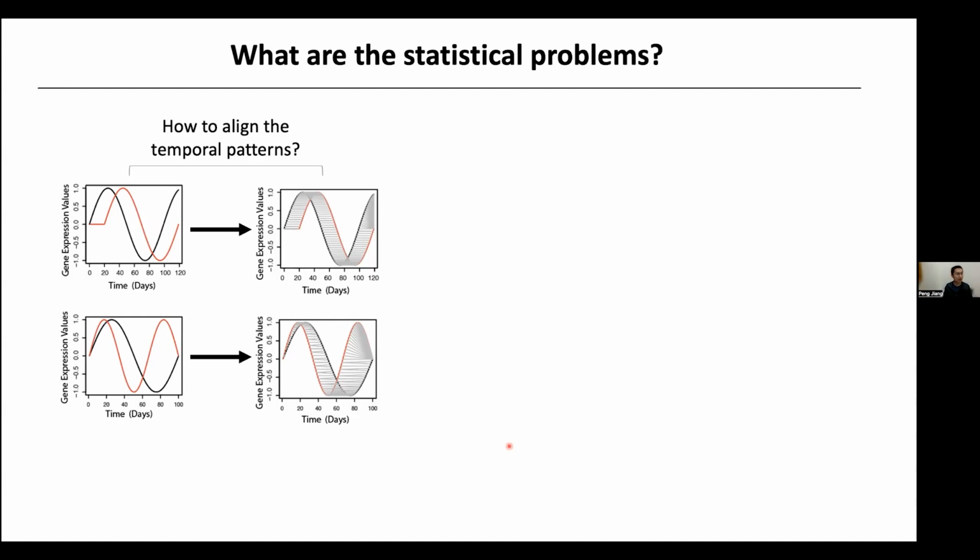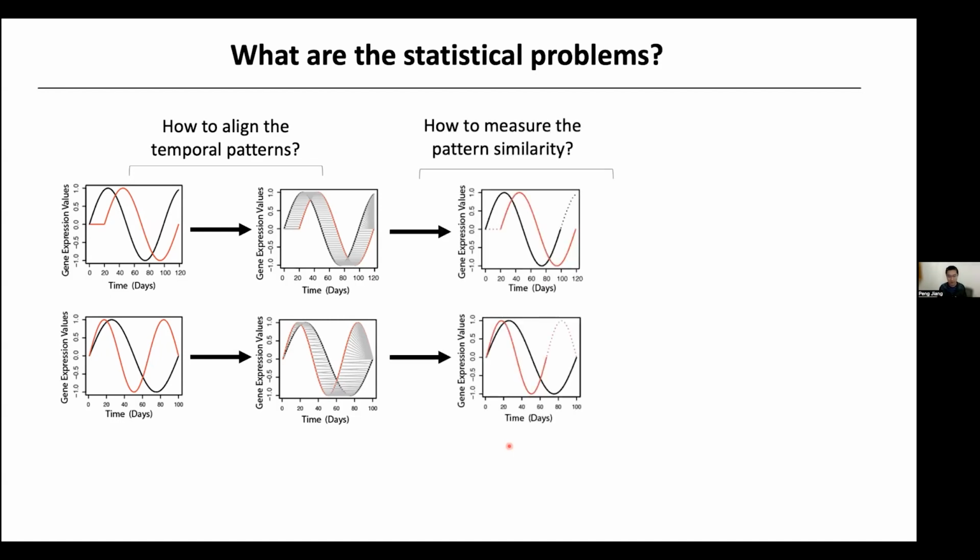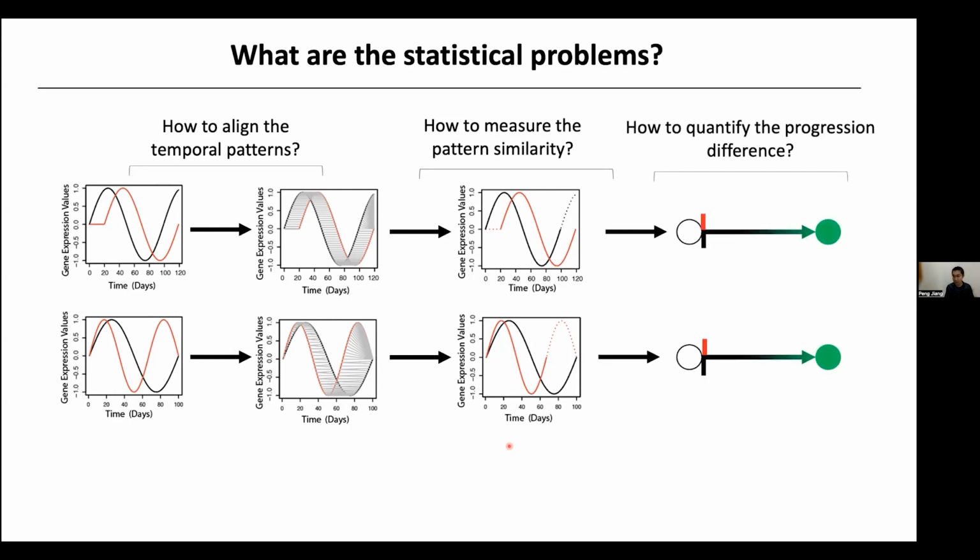In the human, let's say, day 5 is equivalent to mouse day X or day Y. So how can we align the temporal patterns based on a statistical framework? The second question is how to measure the pattern similarity after we align them. The pattern is complicated, and when you have different progressions, it will be very messy. How can we trim and cut to quantify the similarity of two patterns? So if you can see this, it's just a shifting.